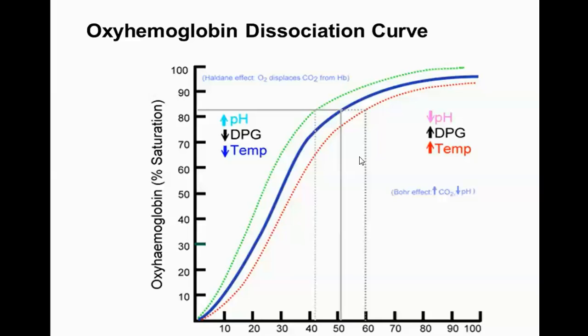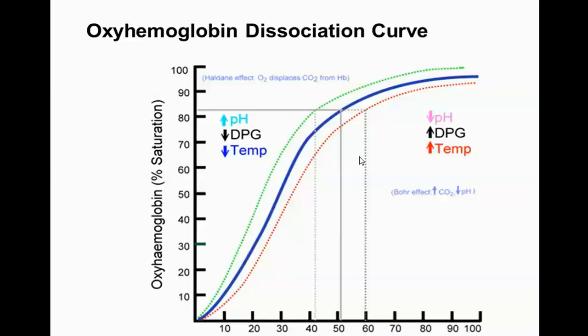When you shift the curve to the left, you take the same hemoglobin saturation, and how much PO2 do you need to saturate the same amount of hemoglobin, okay? For about 82. Here normally we need about 50 PO2. Here, when shifted to the left, about 40.